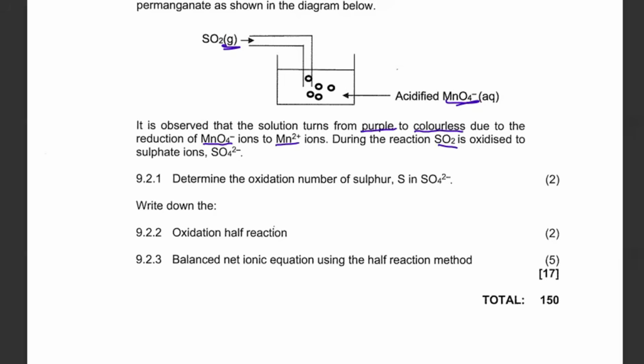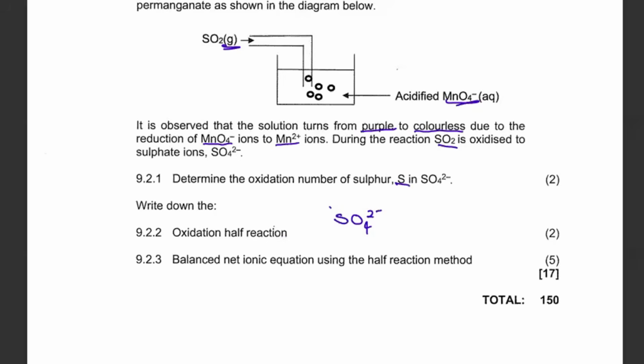Determine the oxidation number of sulfur in SO4 2 negative. So what we have here is SO4 2 negative.